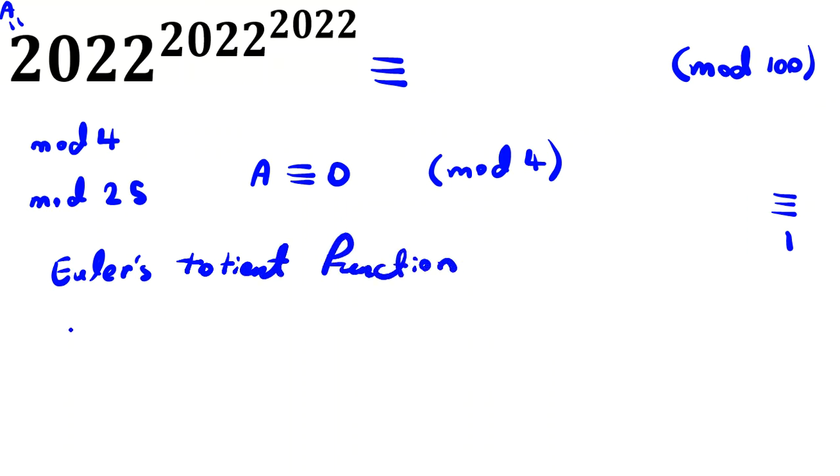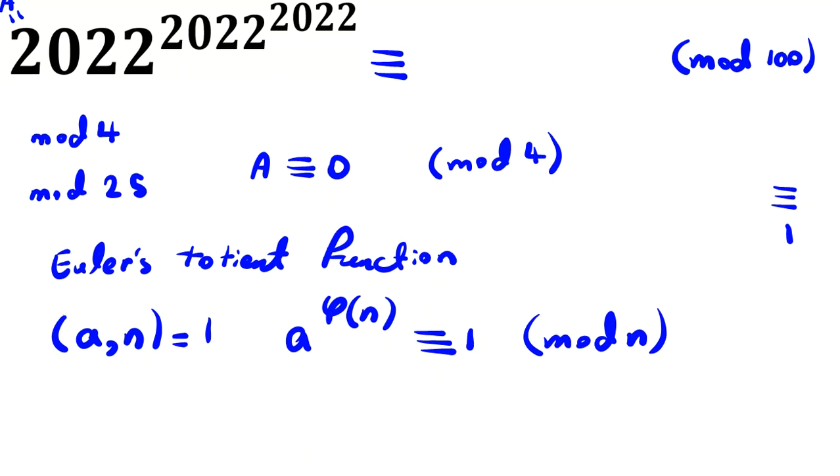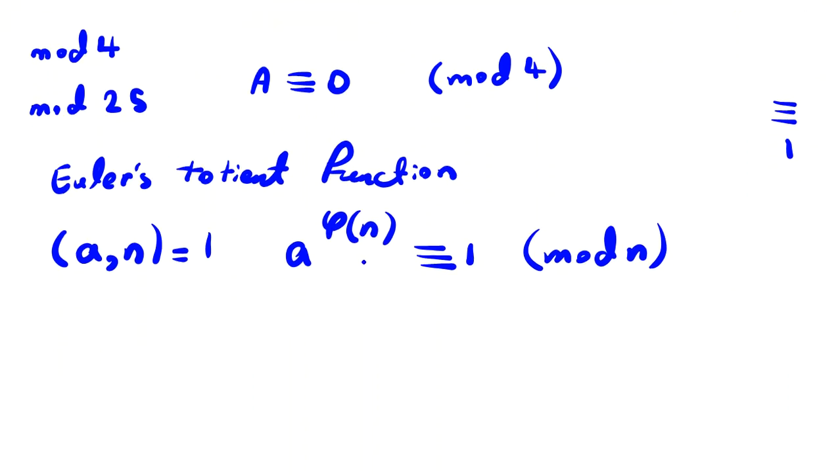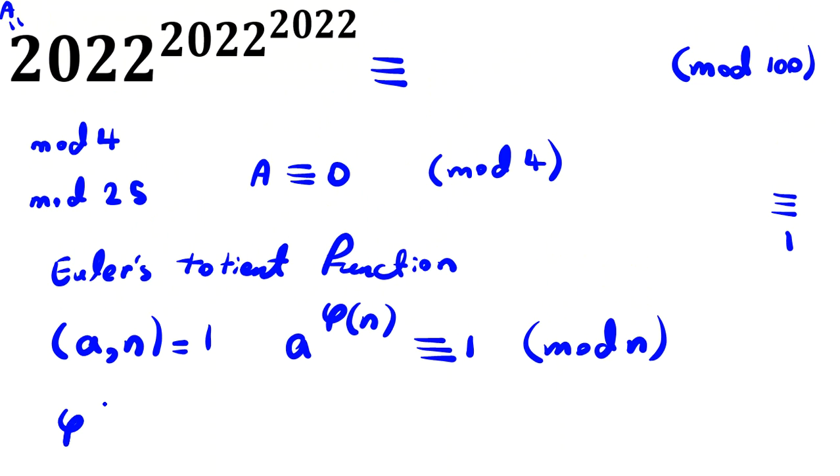It says if A and N are coprime numbers, A to the power of phi of N, the totient function, is congruent to 1 mod N. If you don't know, phi of N is the number of integers from 1 to N that are coprime with N. And the formula for that, here I want to find mod 25, the formula for 25 is 25 times 1 minus 4 over 5.